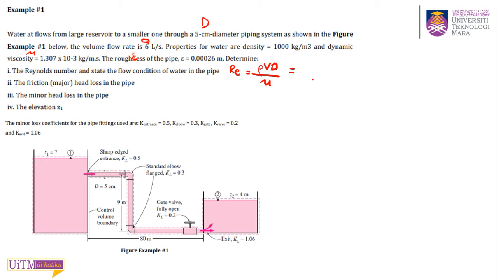So the rho of this water is 1000, times the V, the velocity. We need to find the velocity first through what equation? How do we find V? They didn't give V here.